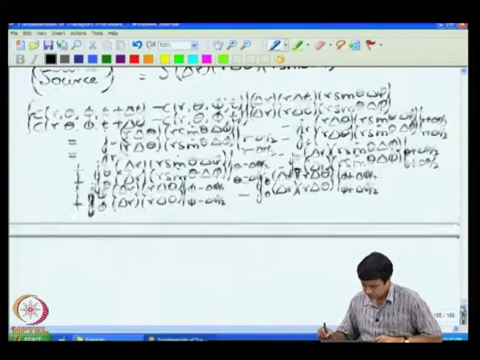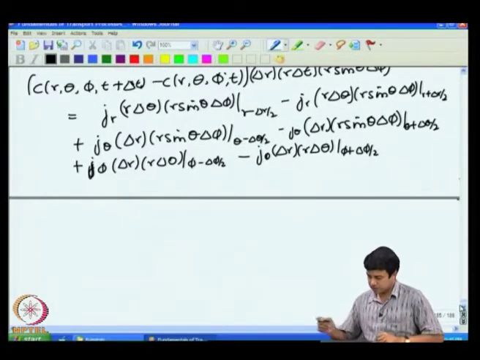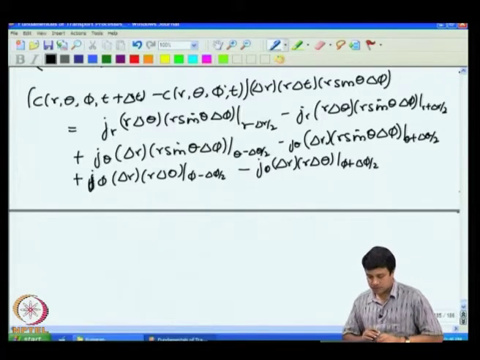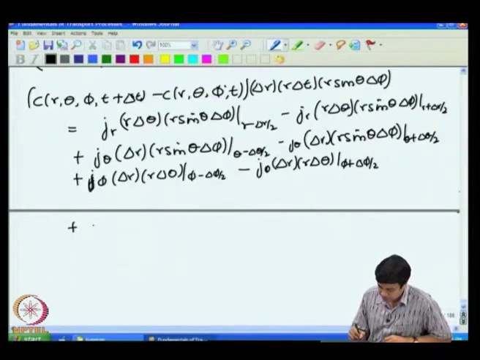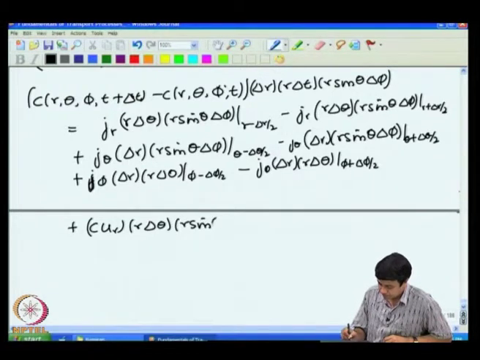I told you there are additional terms due to convection. The terms due to convection are obtained just by substituting C u_r for J r, C u_theta for J theta and C u_phi for J phi. So, I will have convection terms C u_r times r delta theta into r sin theta delta phi at r.